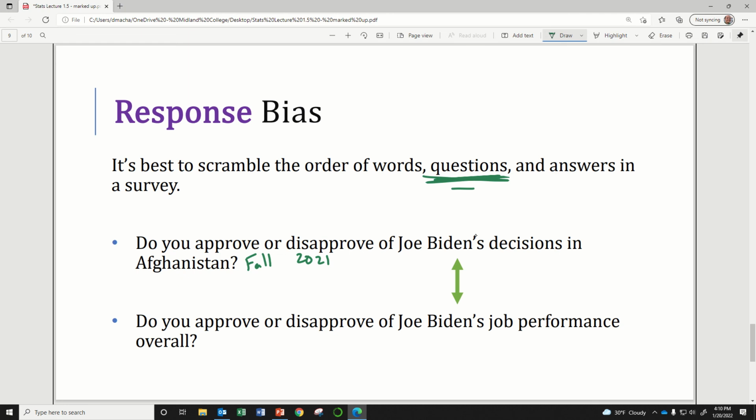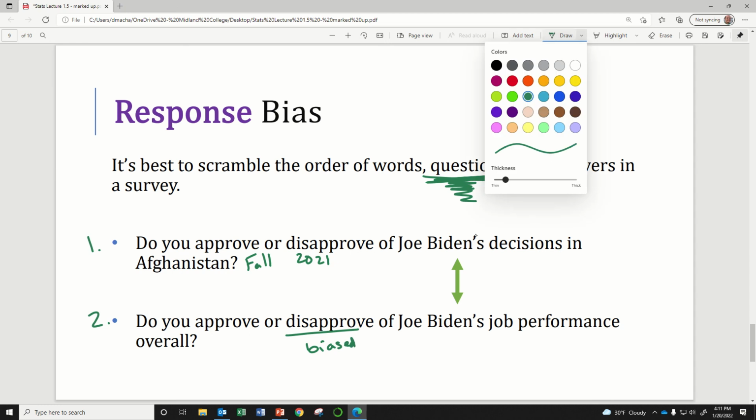And maybe in the same survey, you also want to ask the question, do you approve or disapprove of Joe Biden's job performance overall? Now, the order of these questions actually could influence the result of your survey. Because if you ask this question first and this question second, that would make you more likely to be biased to disapprove of his job performance overall.